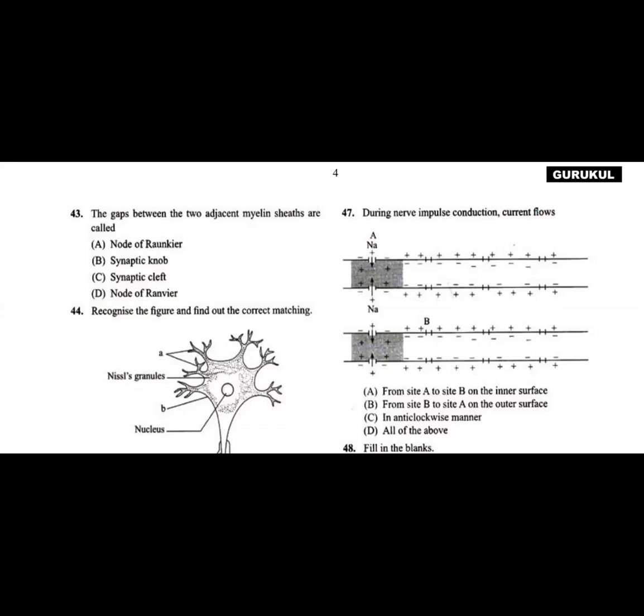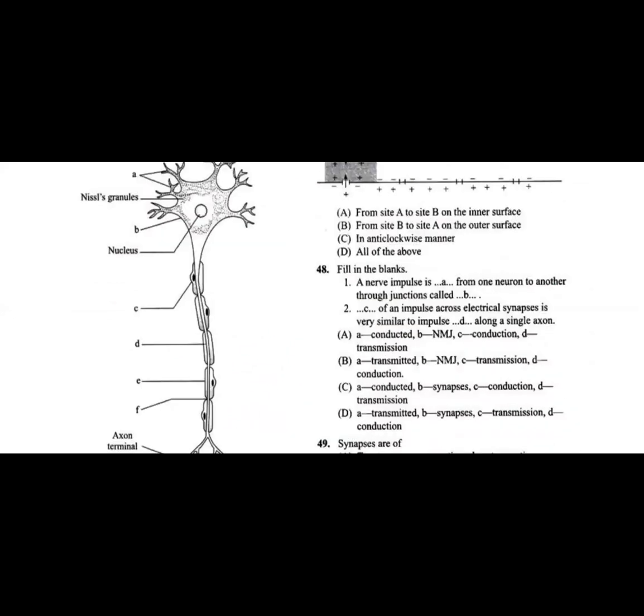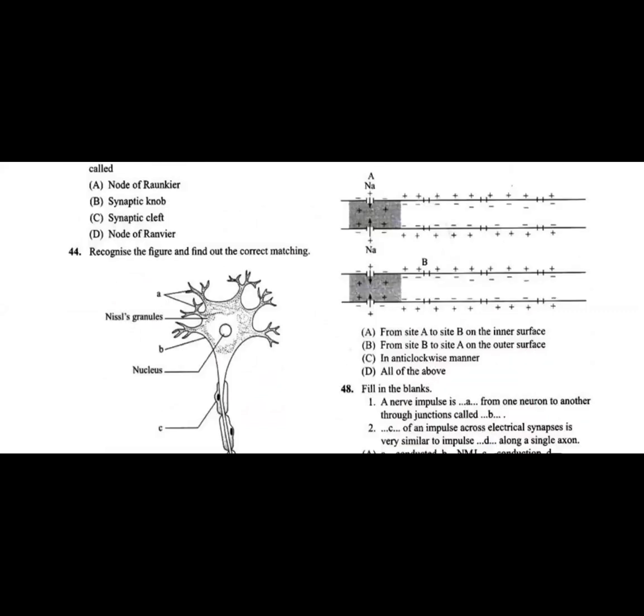We can see in the next picture, where it is showing the gaps in between. F is the nodes of Ranvier you can find here. This is what we call the nodes of Ranvier. So the answer for question number 43 is node of Ranvier.